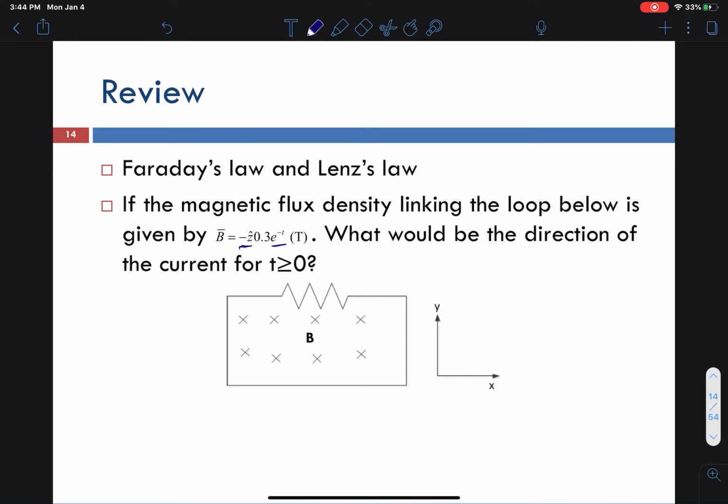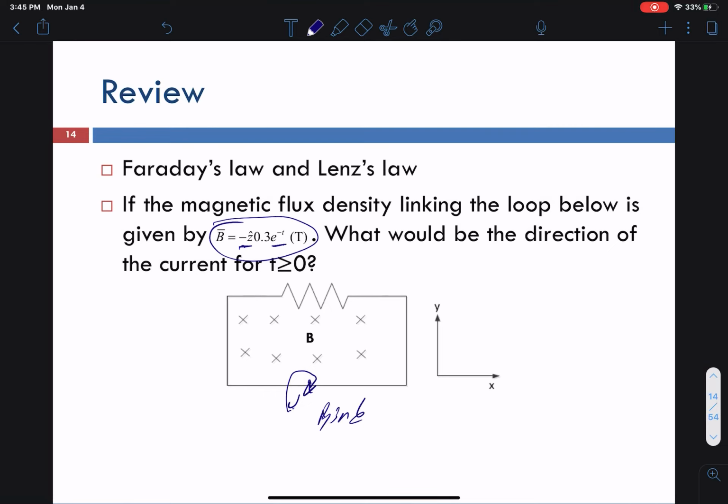So the induced flux should be increasing in the negative z direction, because in the negative z direction your B_T is decreasing, so the induced flux should be increasing in this direction to oppose that change.